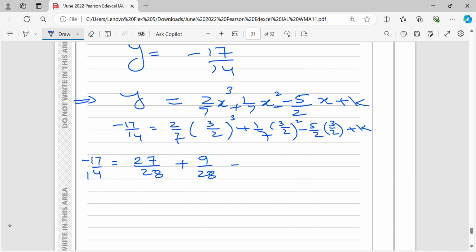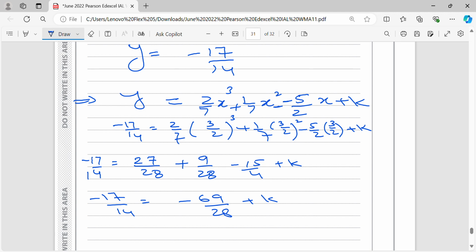Minus 5 times 3 is 15 over 4 plus k. Let's solve: plus 27 over 28 minus 15 over 4, and that is negative 69 over 28 plus k.